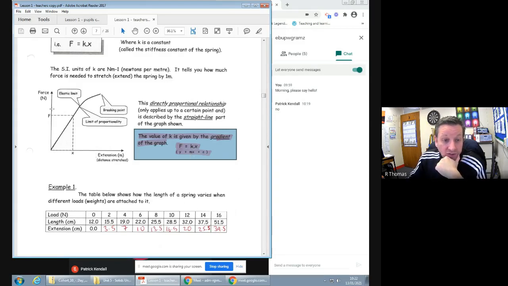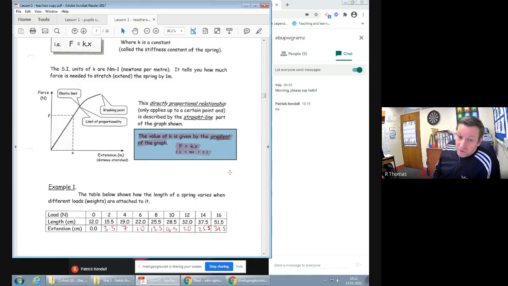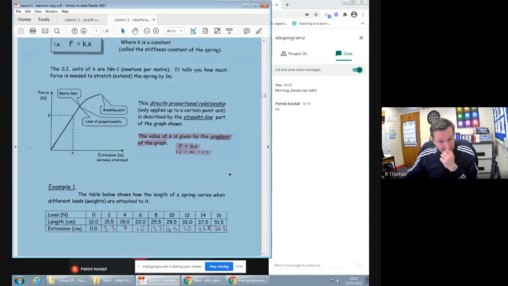If force goes up the y-axis and extension across the x-axis, then k, the stiffness constant, is the gradient of the graph, the change in height divided by the change in length. On most exam papers, you will have to calculate the gradient of a graph to find that value of k and then utilize it in a couple of other points in the question.